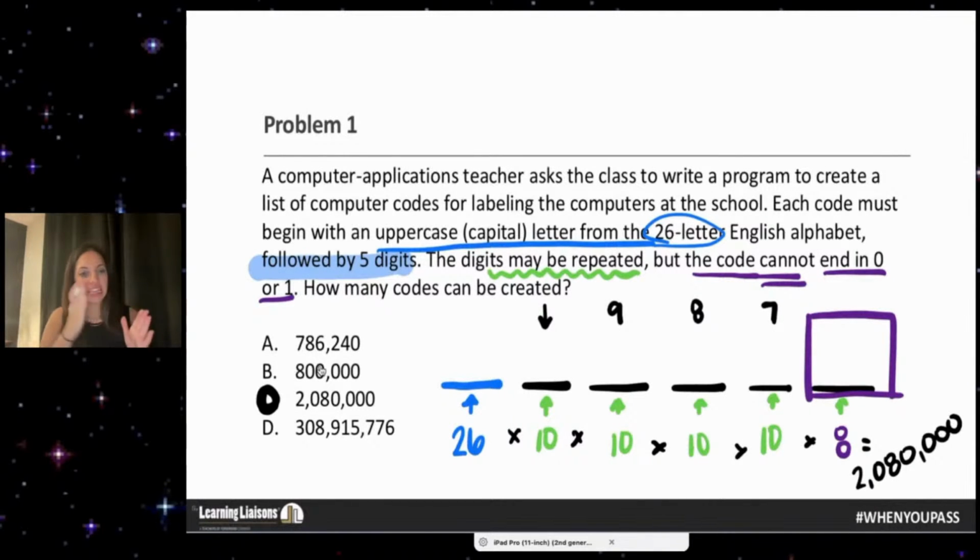So instead of 10, 10, 10, 10, 10, does that make sense? We would end up scaling it down because once I use a digit, I can't use it again. So we would have fewer and fewer digit options as we move down the line. That's how you would change it if the digits could not be repeated, but that wasn't one of the criteria. So in this case, 2,080,000 would be the correct answer.